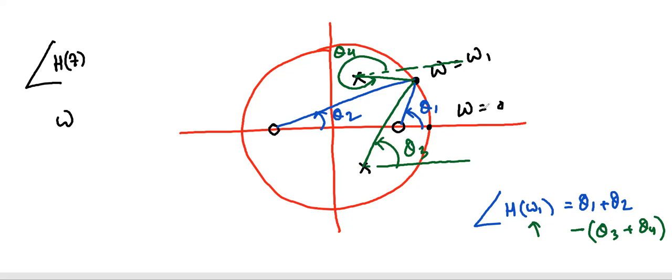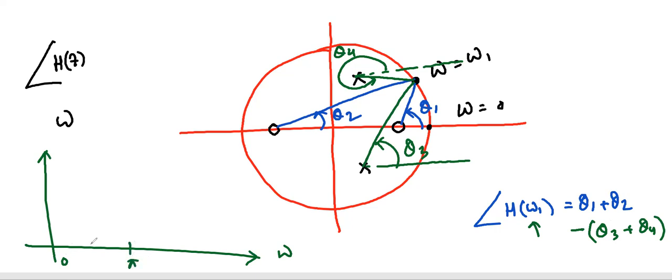Since we start with the value of omega equals 0, whenever we are drawing the phase response, this is omega. We start with the 0 value, and we definitely try to draw it up to pi, let's say pi by 2, and then up to twice pi. That is our range of view.